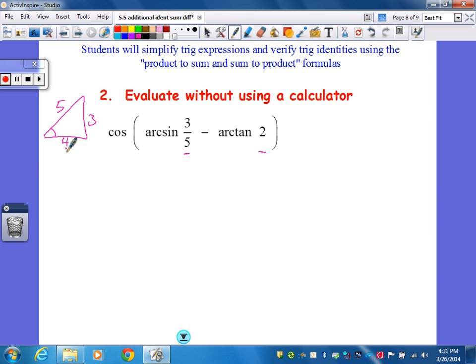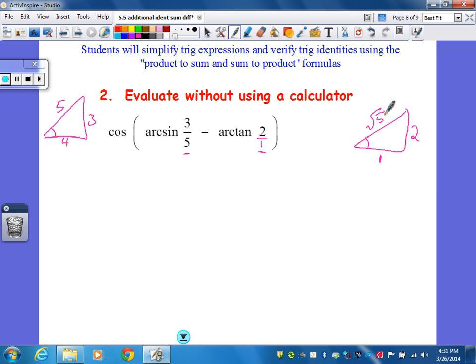Now on this side, we have tangent of 2, which is the same as tangent of 2 over 1. Well, tangent is opposite over adjacent. So 1, 2, square root of 5.